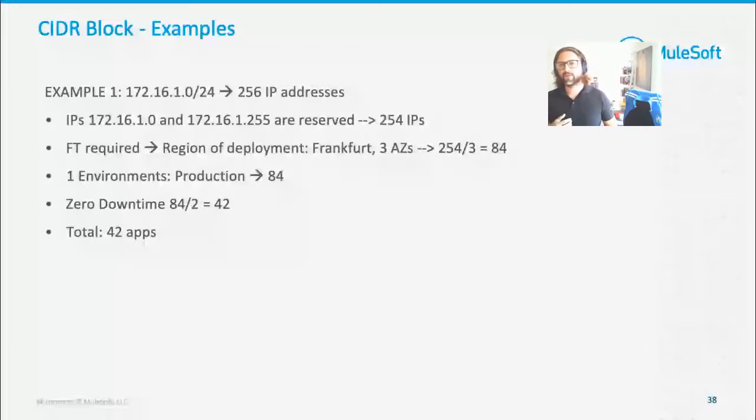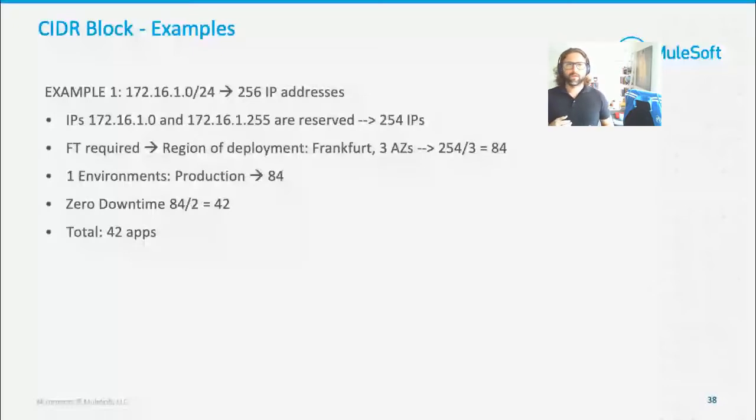So that leaves 254 IPs. Now, let's say that in our case, we want to provide fault tolerance. So I want to be ready if any availability zone goes down, and I'm deploying to Frankfurt. This means that for every application, I need to create 3 workers, and that means that the maximum number of applications in this case for now would be 84.